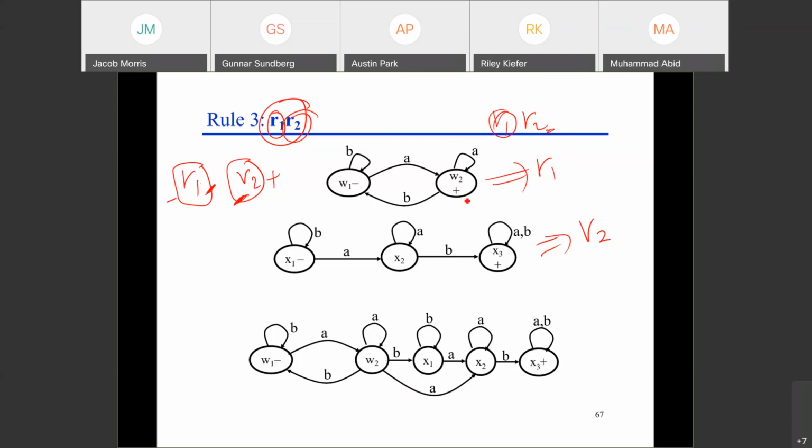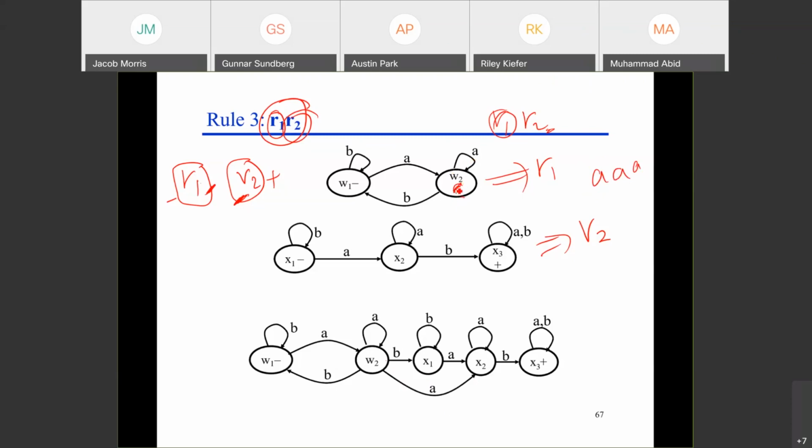What does it mean that if you are here and you receive A as input, you are not sure about this? Let's say I have a word, and this word is now something with 3 A's, and I am at this state.